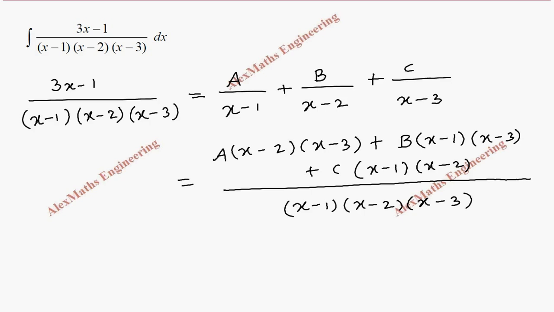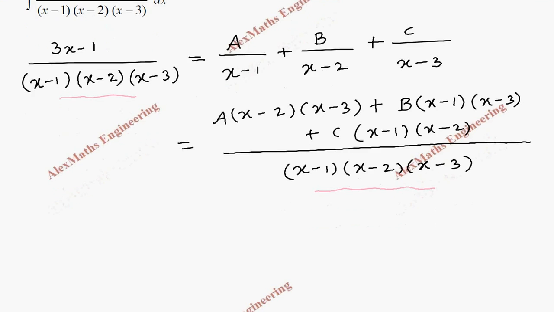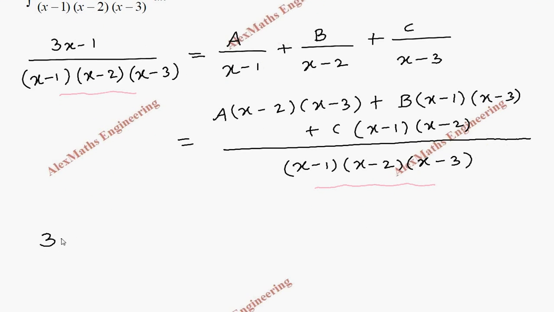Now we find both denominators are the same, so I'm going to equate the numerators on both sides. So 3x minus 1 equals the entire numerator.